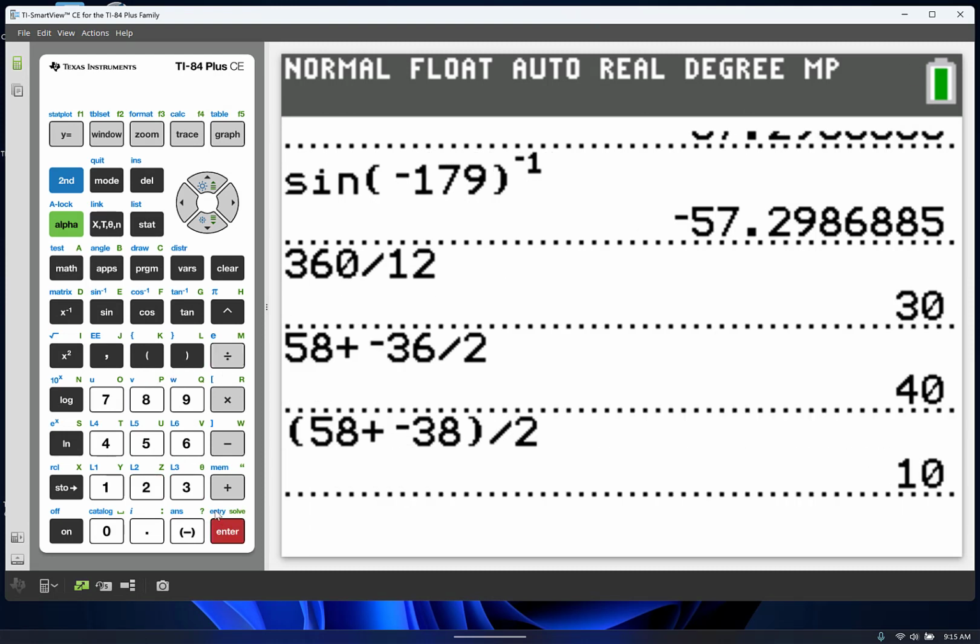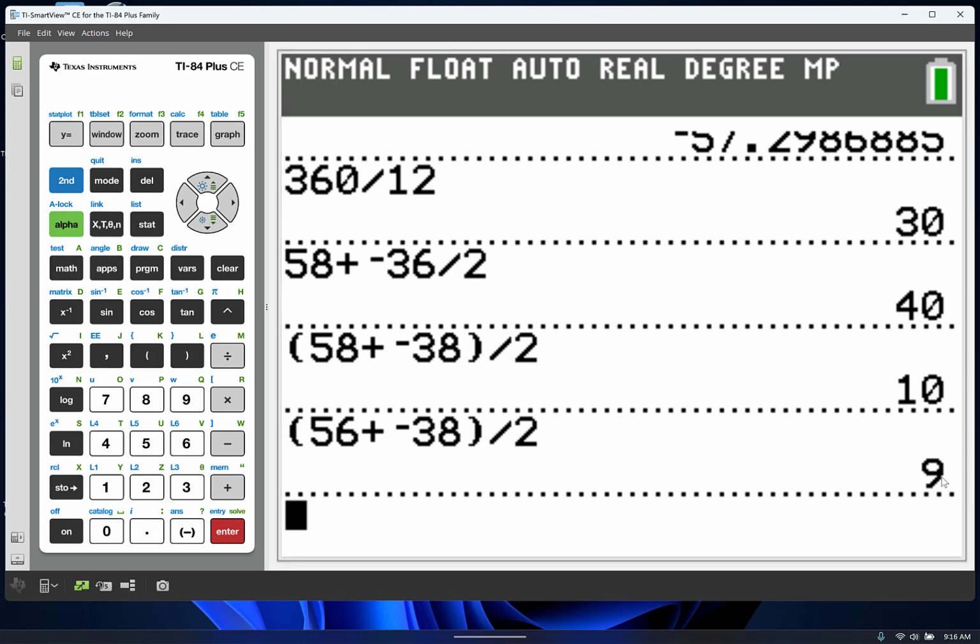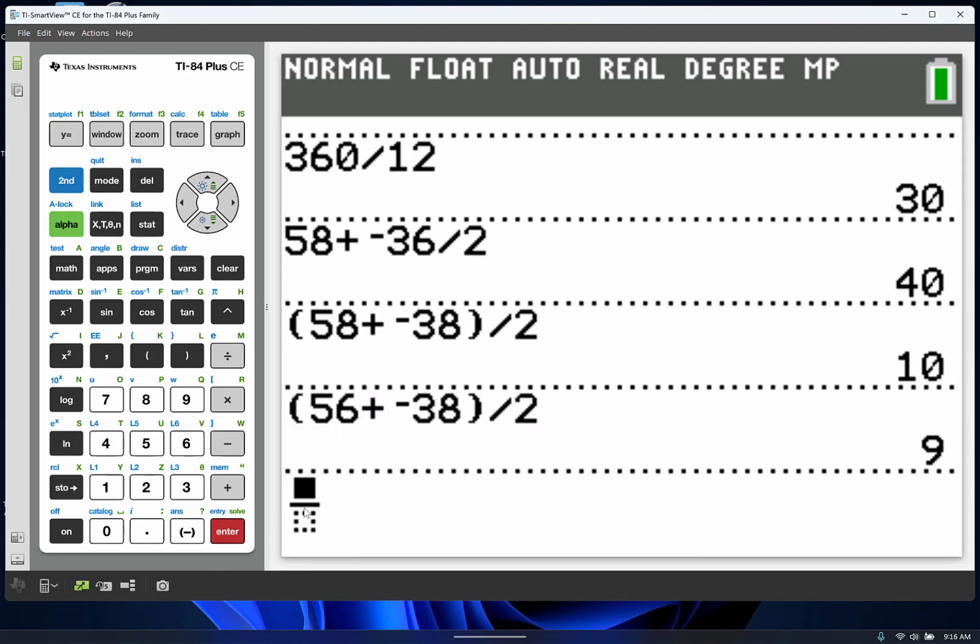Why did I get 10? Oh, because I put 58. 56, sorry guys. 56 plus -38 and divided by 2. You either use parentheses, there it is, my 9, or use the alpha feature. Alpha Y equals, push enter.